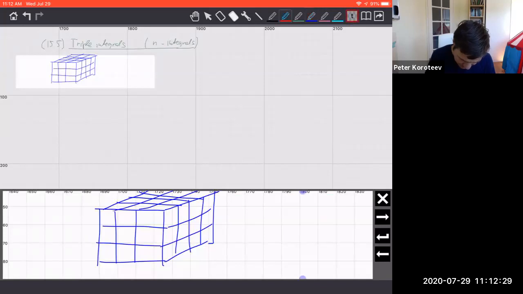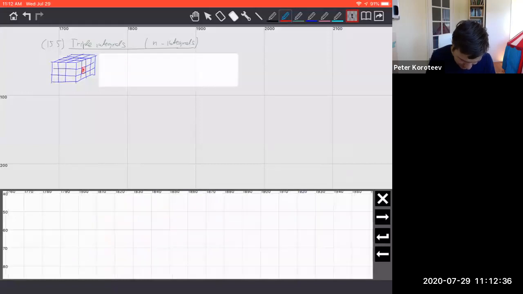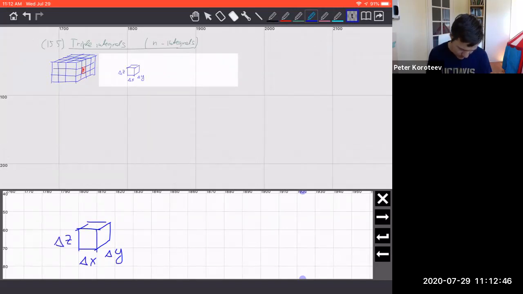Like that, and then we select one of them somewhere here or in the middle, right? And it looks like a parallelepiped with sides delta x, delta y, and delta z.